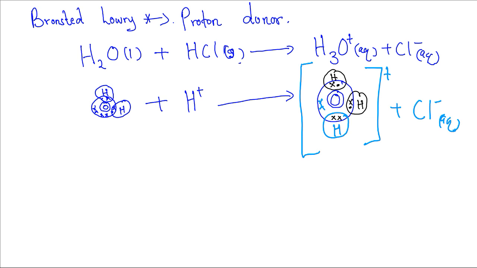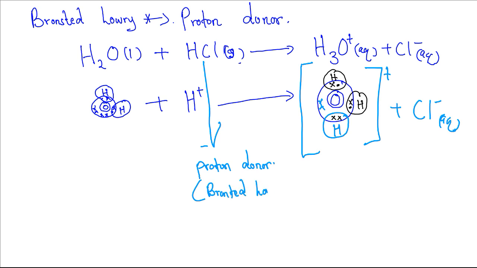Now, this is the proton donor, and therefore called Bronsted-Lowry acid. It donates proton to that water, and from there we are able to have formation of hydroxonium ion.